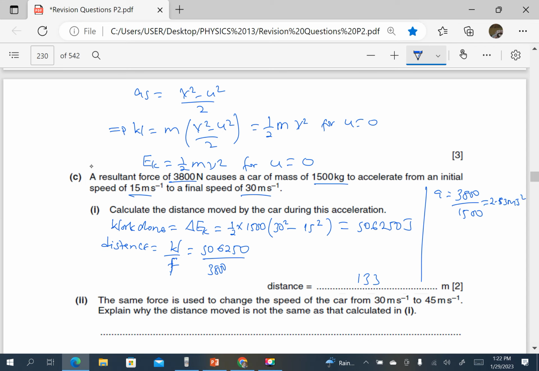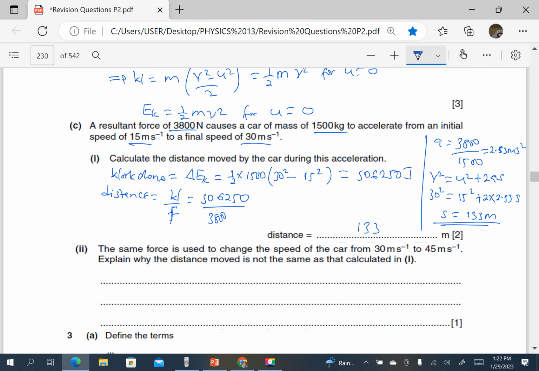So you can use an equation of motion such as v squared equals u squared plus 2as, with v being 30 squared, u being 15 squared, plus 2 times a, which is 2.53, times s. This should give you s as 133 meters approximately.